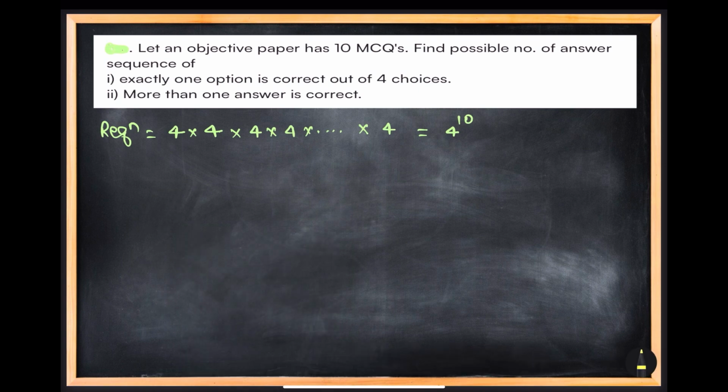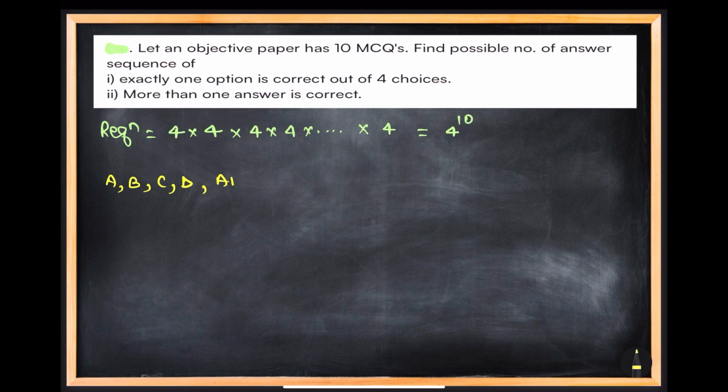The second question says that more than one answer is correct. So for this you have to create some cases. Suppose that only one is correct. Then you can go with choice A, B, C, D. Suppose that two choices are correct.